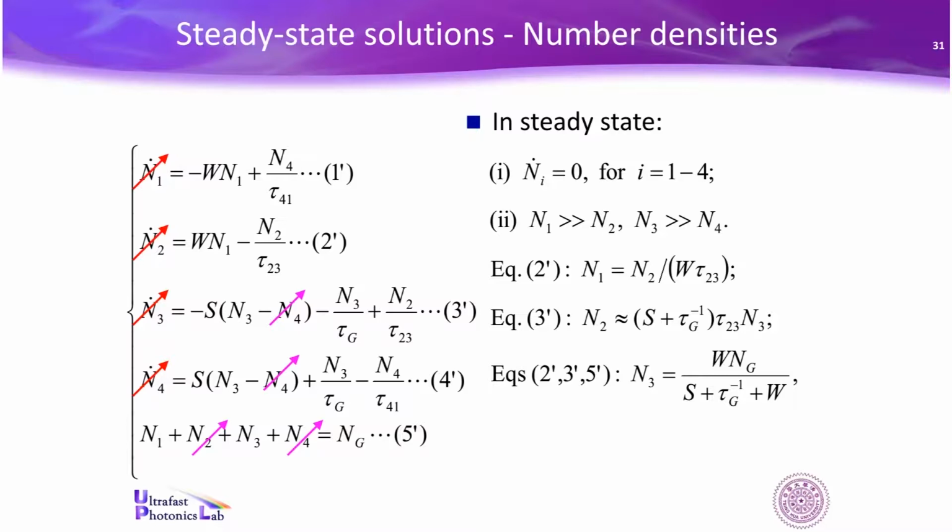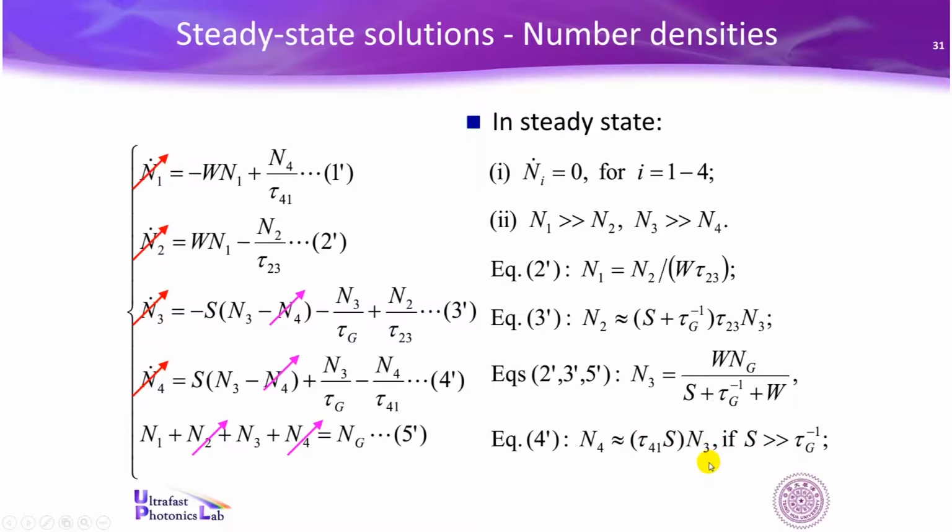But why is N3 very important? Actually, it's N3 minus N4 that is important. So let's try to solve N4 using equation 4 prime by the same strategy. And under this condition, which is usually true, N4 can be represented by N3 as well.